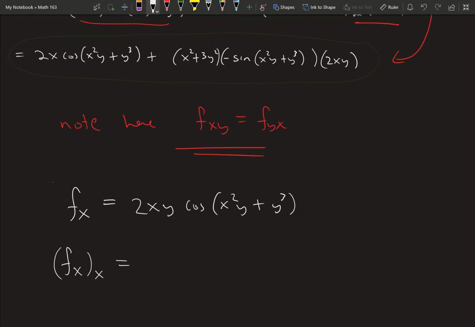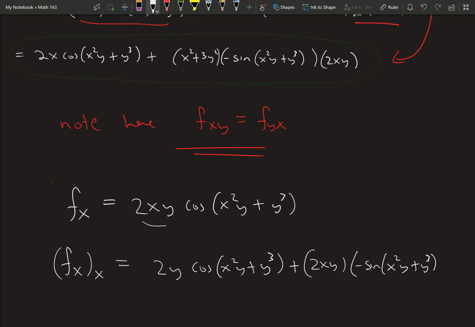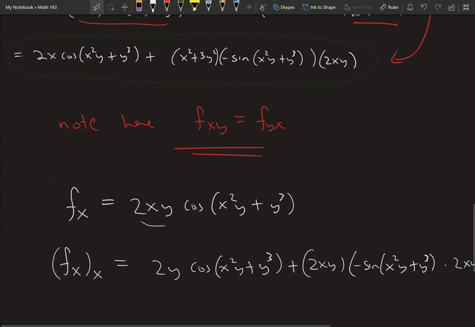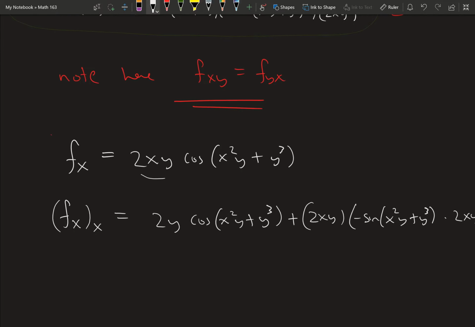So this is the derivative of the first piece, we just get 2y times the cosine of x squared y plus y cubed, plus 2xy, and then we have the negative sine of x squared y plus y cubed times chain rule, derivative with respect to x, we get another 2xy here. I'm not going to simplify, I'm just leaving it as is so you can see all the pieces.